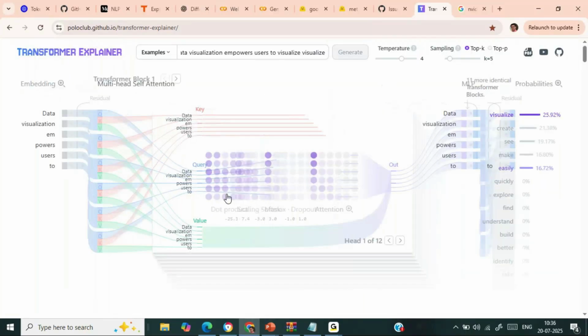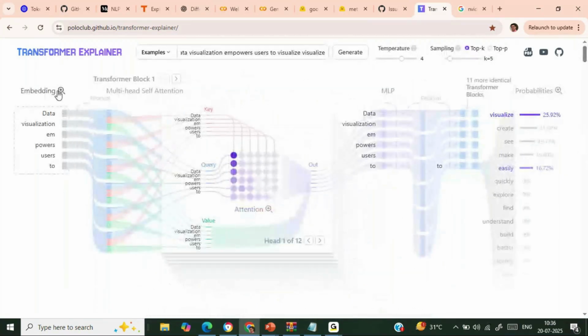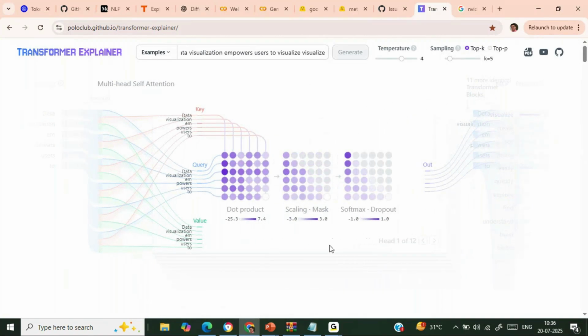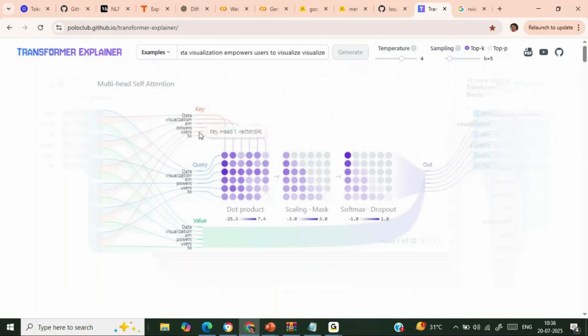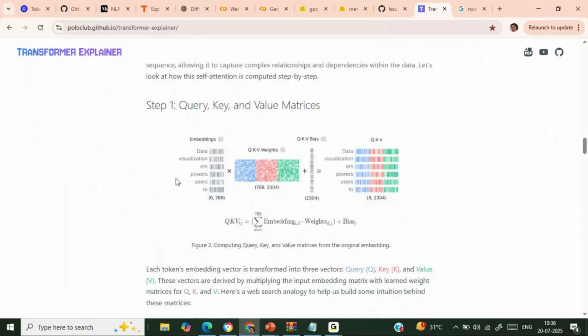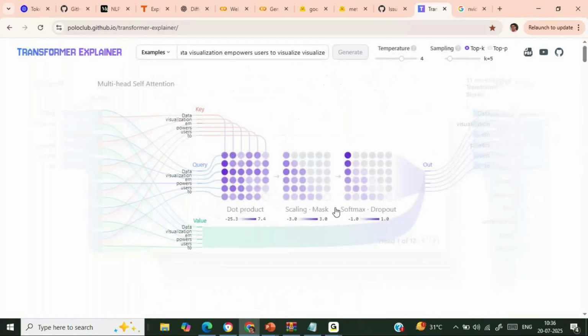Inside the attention mechanism, we will go through these calculations in order to provide you the understanding of how things are happening.